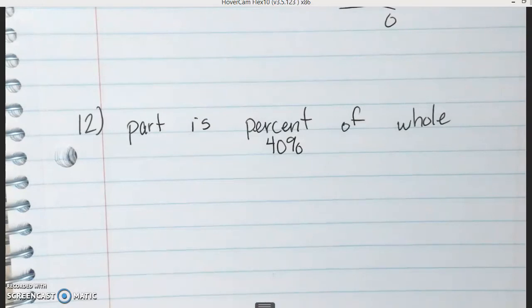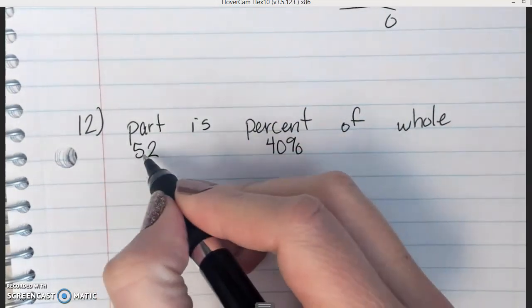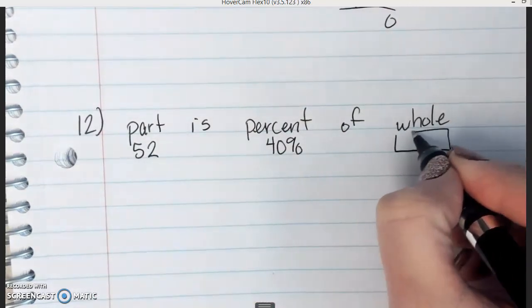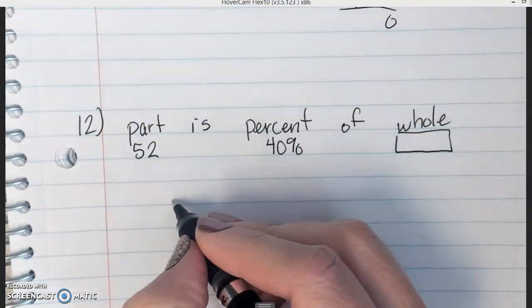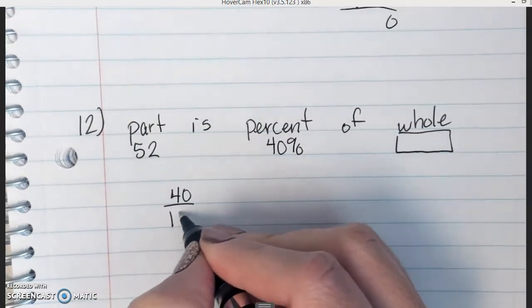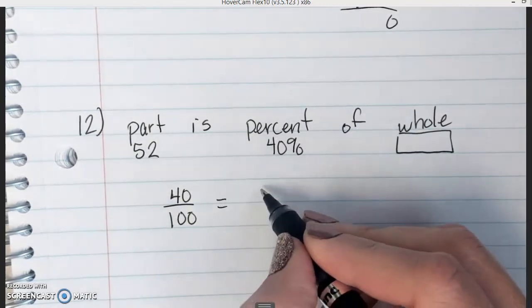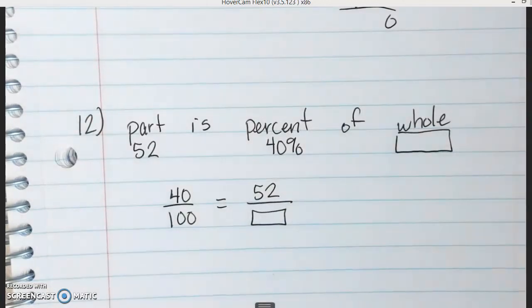And it says, if 52 students participate in sports, how many 6th graders are there in Andrews School? So 52 represents the part, because that's the part of the students that participate in sports. And we're trying to figure out how many students are in the whole school, right? So we're going to take our percent and write it as a ratio in fraction form and set it equal to our part over our whole. So we just took the words and broke it down.